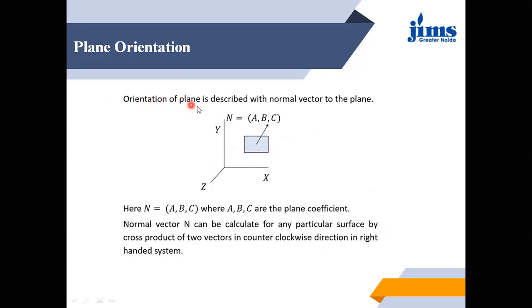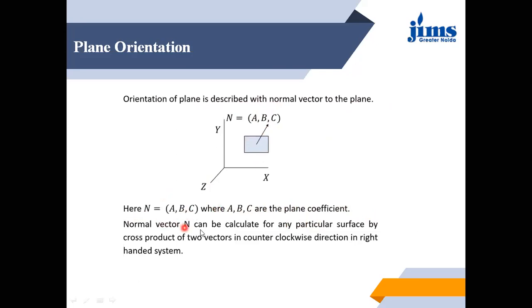So orientation of a plane is described with the normal vector of the plane. Suppose this normal vector changes its position, then the angle made by this plane is going to change. Here n equals ABC, where A, B and C are the plane coefficients.